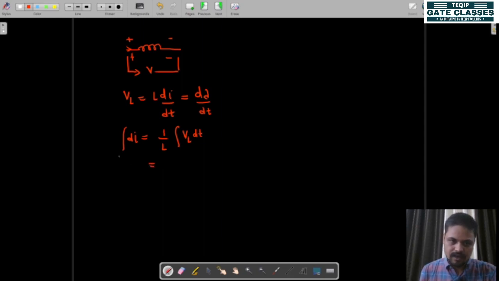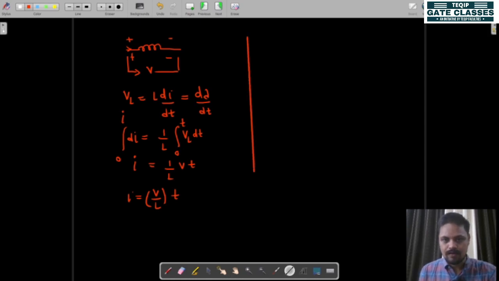Starting from 0, it reaches some current I, from t is equal to 0 to some t. So I is equal to 1 upon L times V t. So I is equal to V upon L times t.